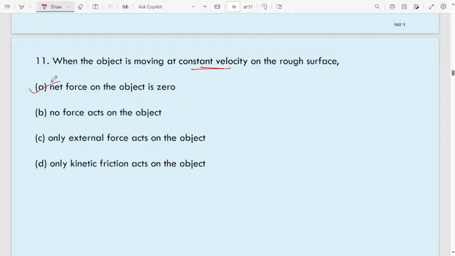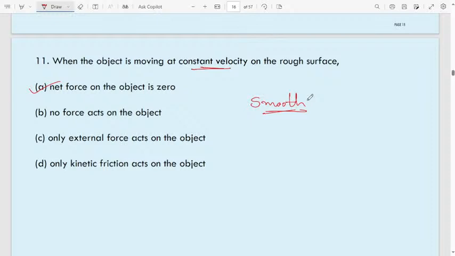See here, when the object is moving at constant velocity on a rough surface, the net force on the object will be 0. Why will the net force be 0? Even on a rough surface friction is there, but compared to a smooth surface it will be less.